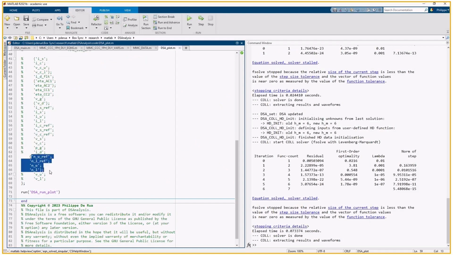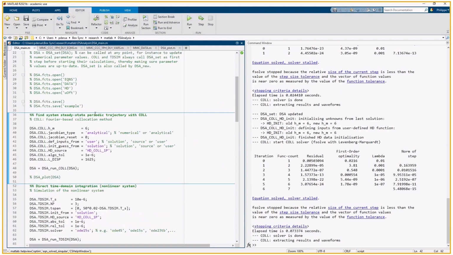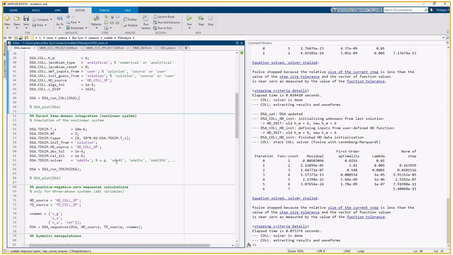Excellent. So as before, we don't only have the collocation method, but also the time domain simulation methods. What I have to say here is that it doesn't matter which solver you request. If you are working with a delayed system, it will automatically be DDE23. This is the Matlab solver that will be automatically used with delayed systems.